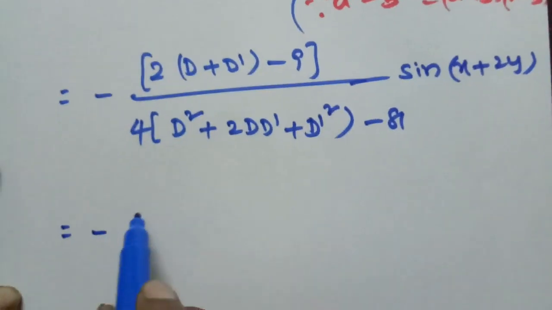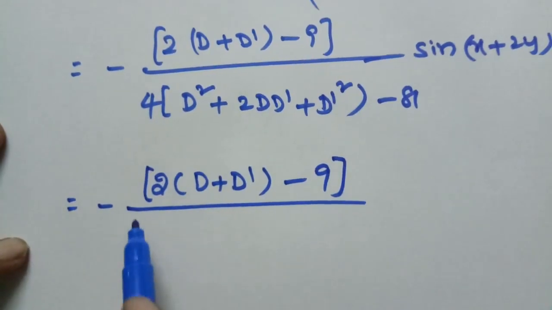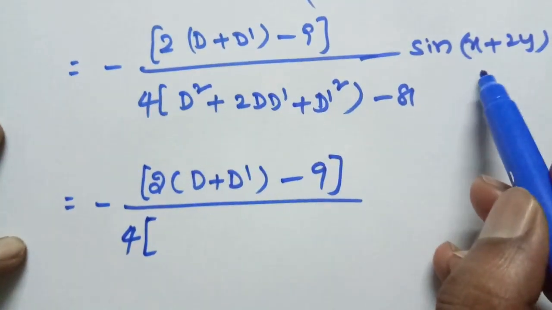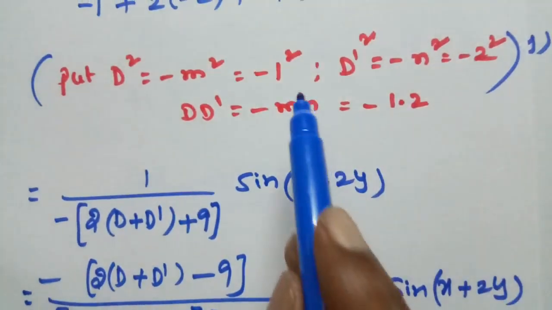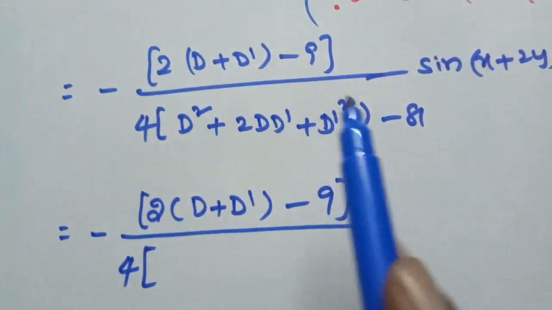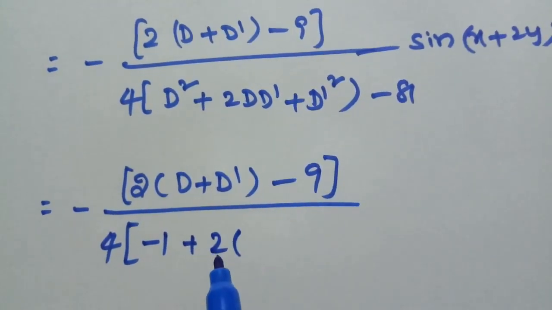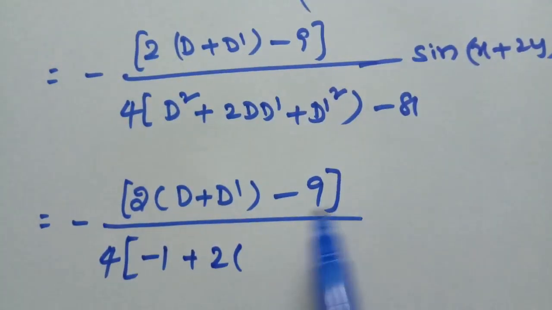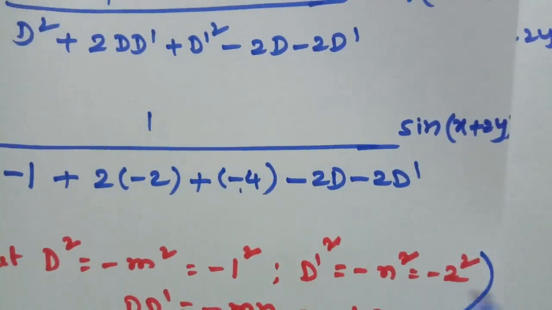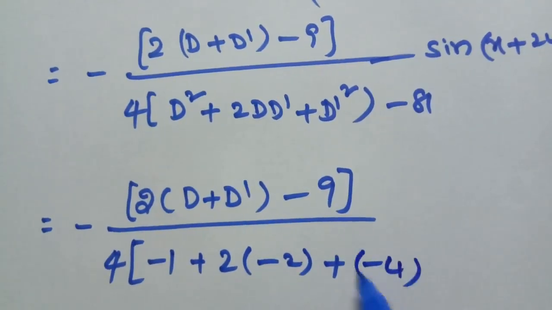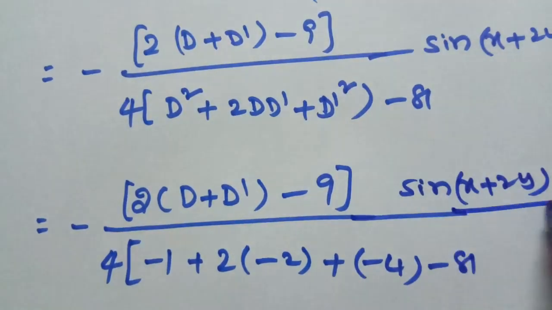Therefore, this is equal to −2 into (D + D') − 9 by 4 into, as explained earlier, put D² = −m² that is −1² that is −1, plus 2 into DD', as explained earlier this is −2, plus D'², that is −2², minus 4, minus 81 into sin(x + 2y).